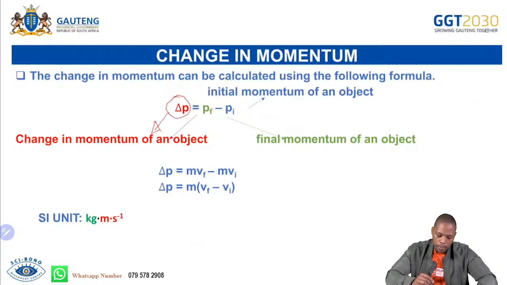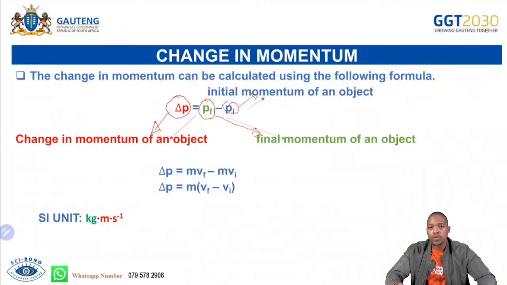It is given by the final momentum, the momentum after there has been a change in the velocity, minus the initial momentum. So delta P is equal to P_f minus P_i, that's change in momentum.